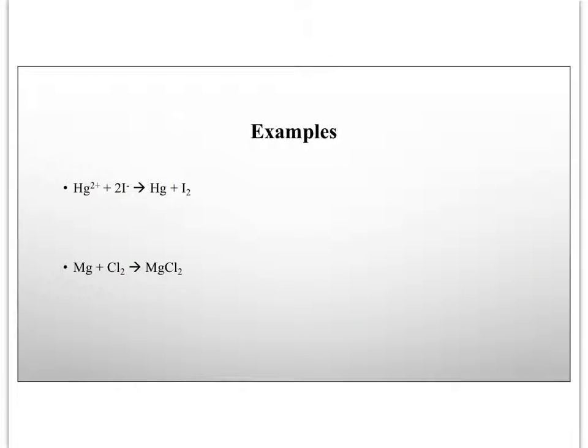So here's a couple examples we can work through here. In this first one, we can see that the mercury starts out as a +2 and it ends as a free element, so that means a 0. And here we have iodine starting as a -1 and iodine ending as a 0. We can look at this taking the 2's into consideration for the iodines, and we could also look at it without. So let's look at the mercury first.